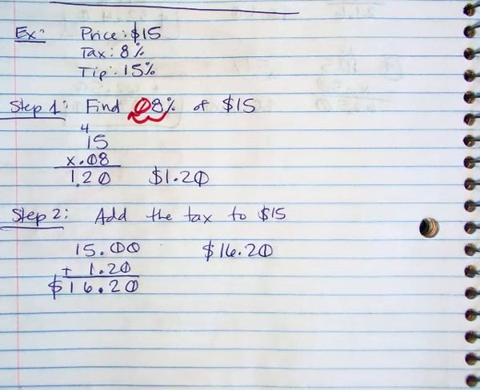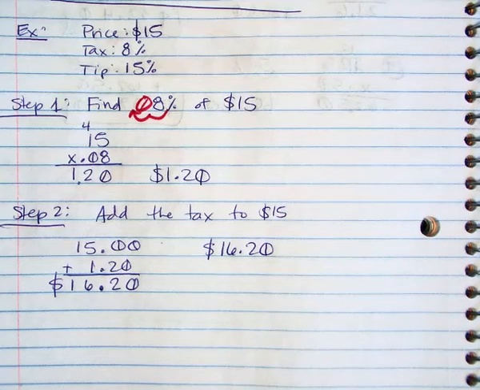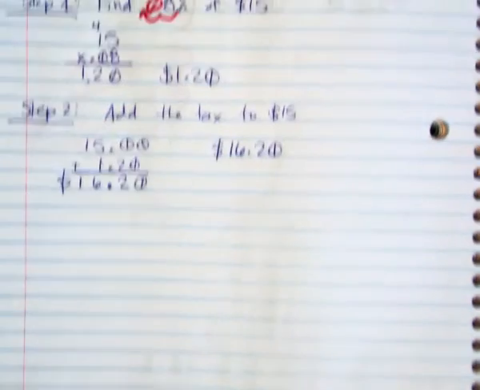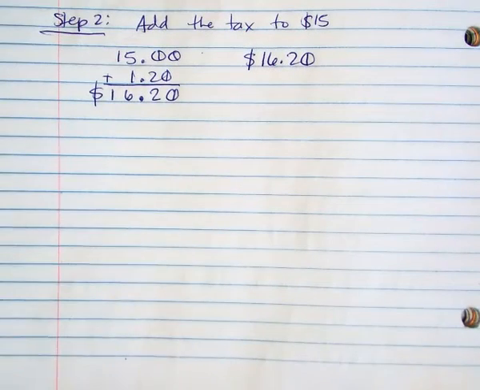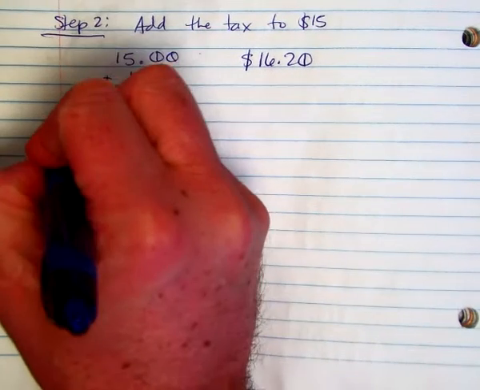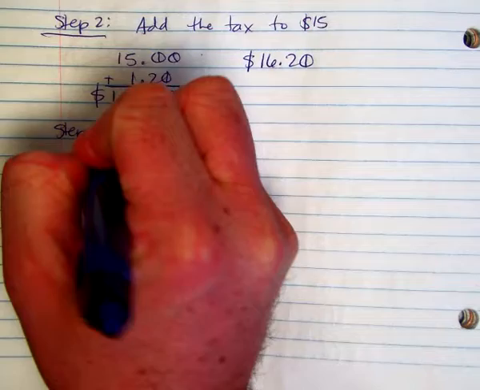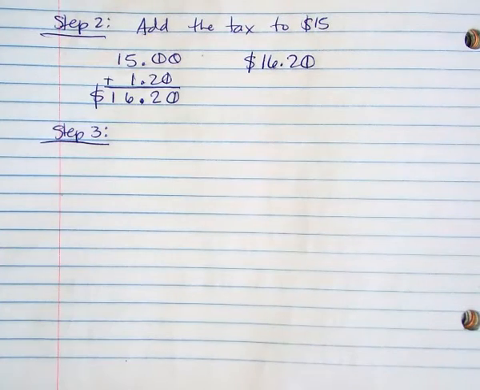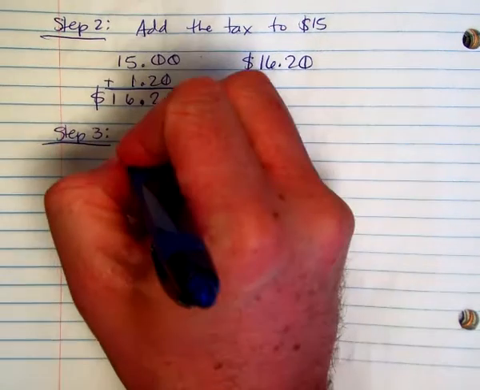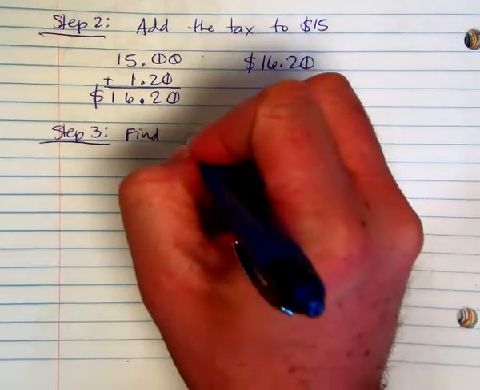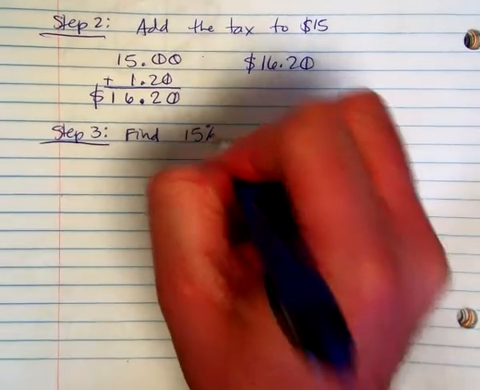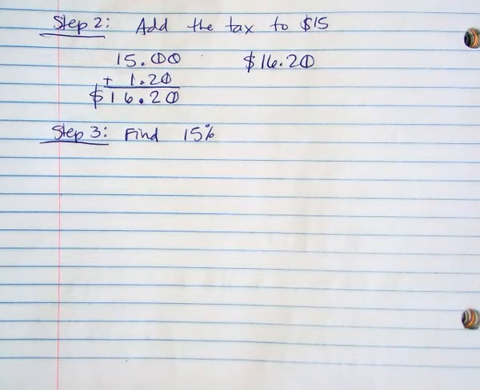This is where the problem starts getting different. I'm going to move this up for just a second here. Step 3 is where things begin to change. It's still the same general idea as what we did yesterday, but when I find 15%, so now I'm going to do the tip.